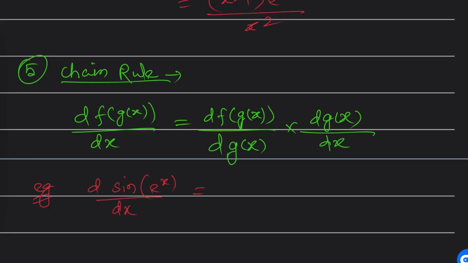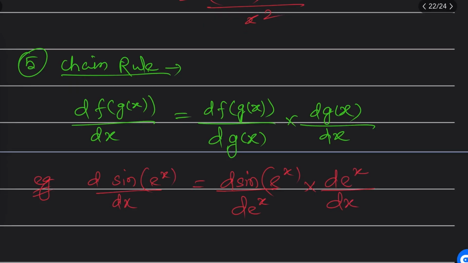See, if it is sine x with respect to x, I could have written cos x, but sine x is not present, sine e to the power x is present. So I will have to differentiate sine with respect to e to the power x, then we can write it as cos e to the power x into differentiation of e to the power x with respect to x.